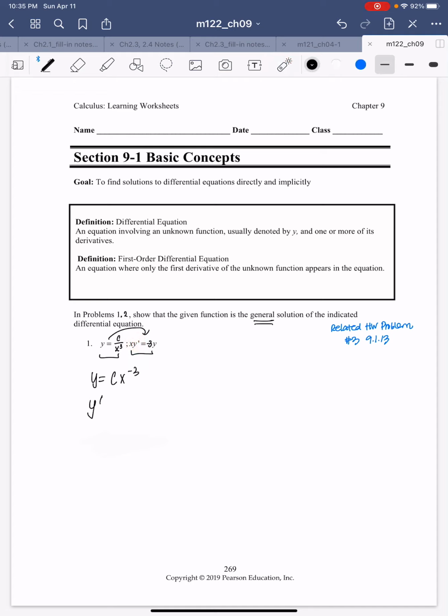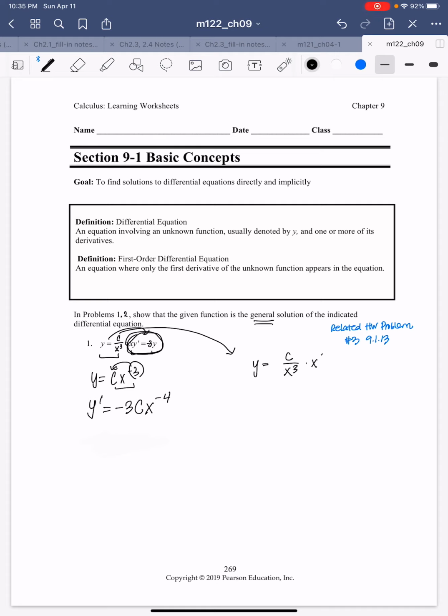If I take the derivative, negative 3 comes down, so negative 3c x, and then lower the exponent by 1, negative 4. Okay, now our equation doesn't have a c, so we'll do a substitution. We have the equation y equals c over x cubed.